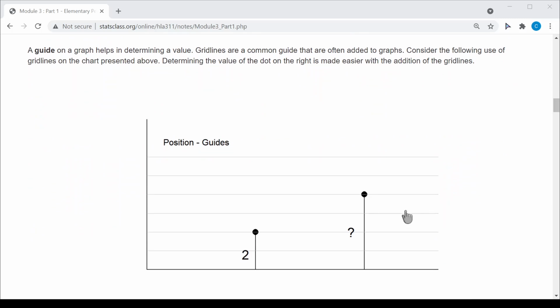If I add a guide, which here is grid lines, I can make it even easier for you to estimate that value. So if I know that 2 here goes up 2 grid lines, and this position is up at 4 grid lines, then I know that it's just double the value of 2 here. So sometimes we use grid lines to assist us in understanding or estimating values here.